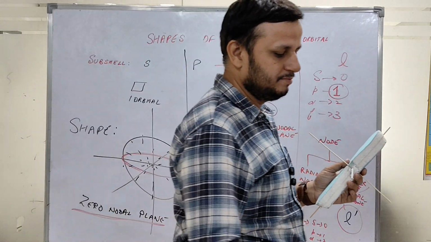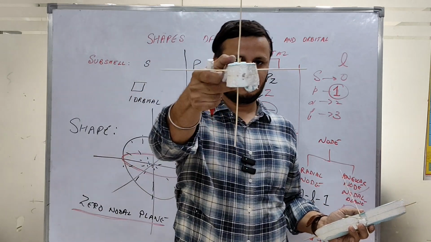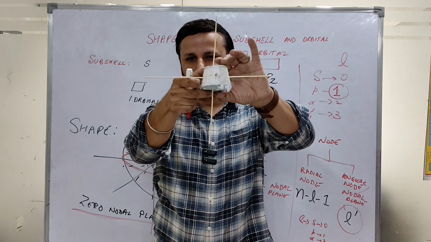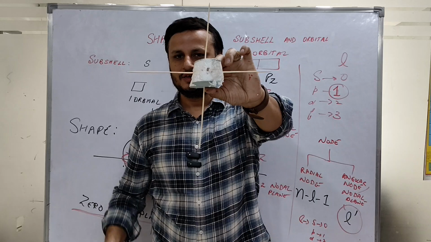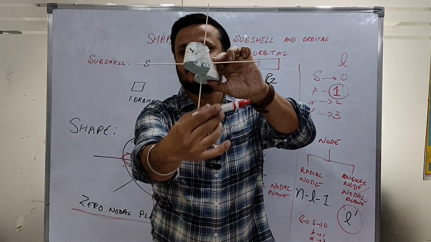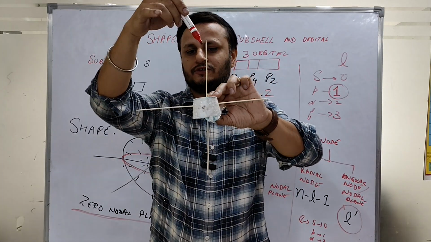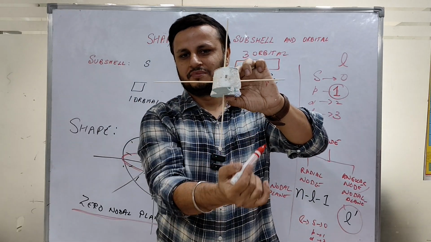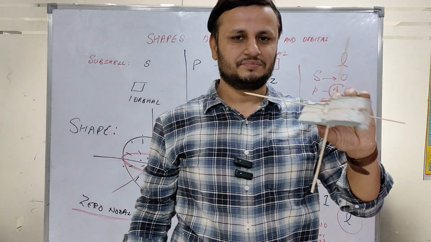And in the pz, how this pz looks from the front. When the electron lies along the z-axis, we can't find electrons in the xy plane. So xy becomes the nodal plane.